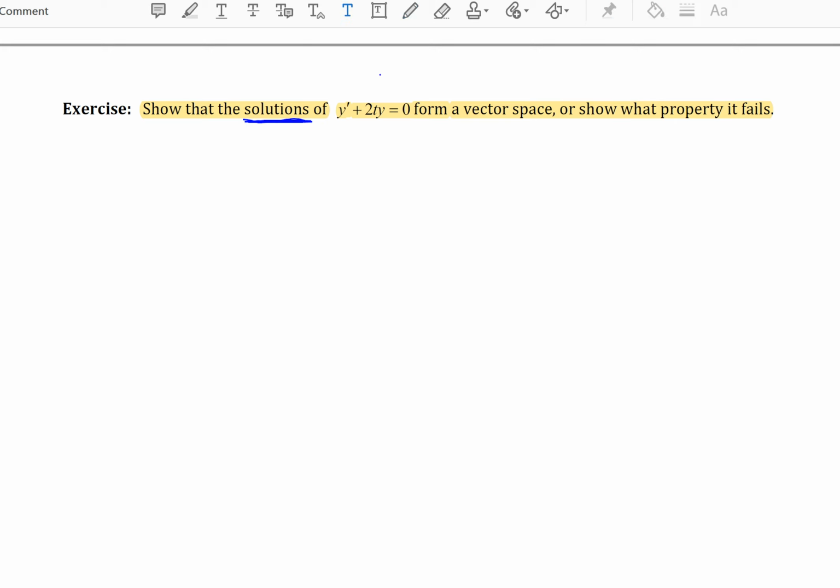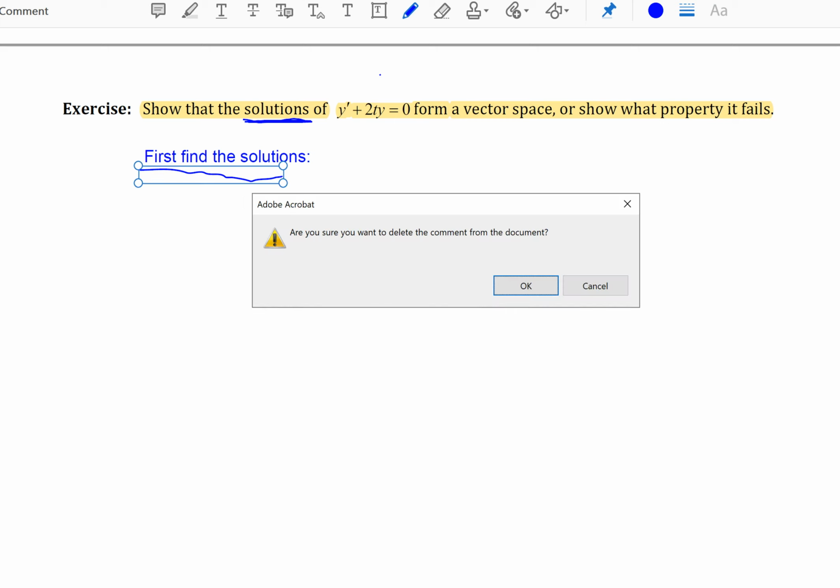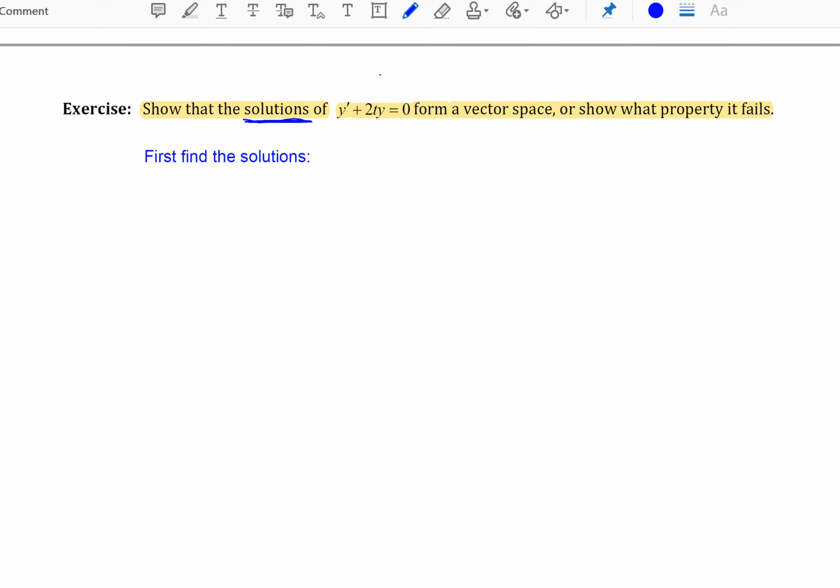So let's first find the solutions. And I'm going to find the solutions, I think, using separation of variables. It seems like the easiest, most straightforward technique for this problem.